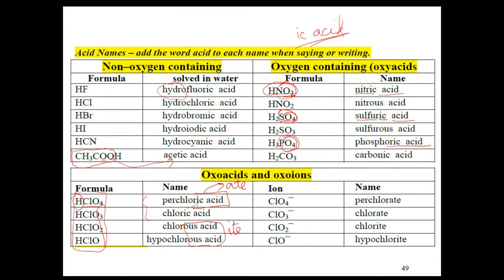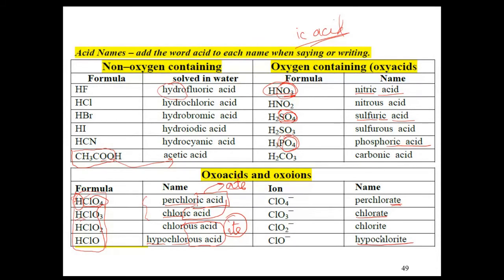Now when you remove H from perchloric acid, it becomes ClO4 minus, perchlorate. Chloric acid becomes chlorate. It is HClO2, chlorous acid, it becomes chlorite. Hypochlorous acid becomes hypochlorite.